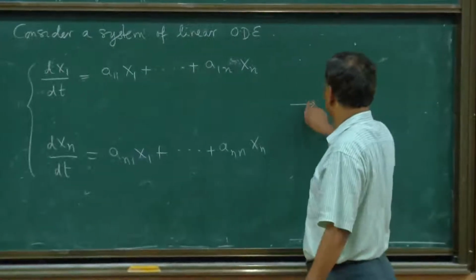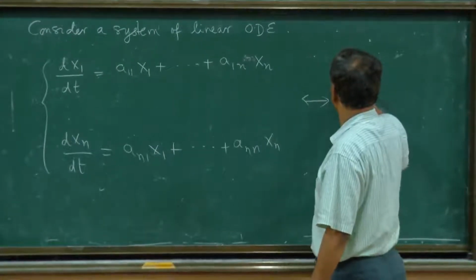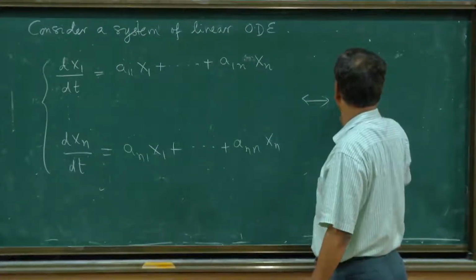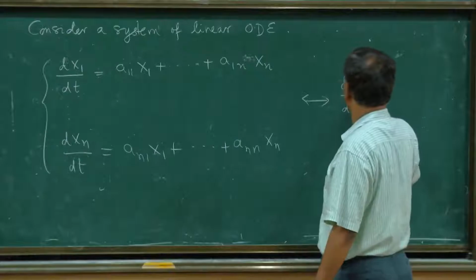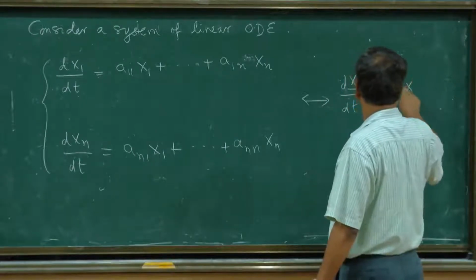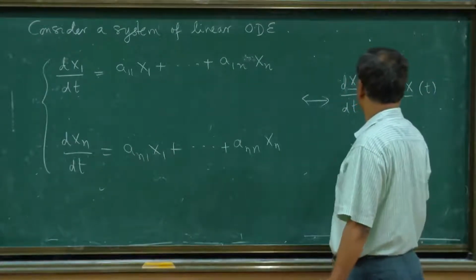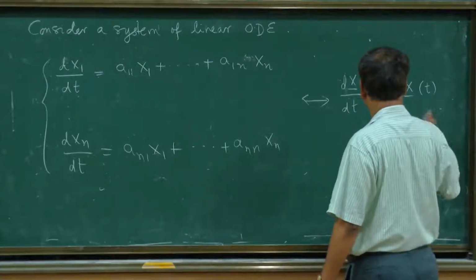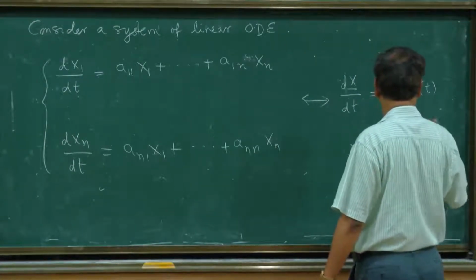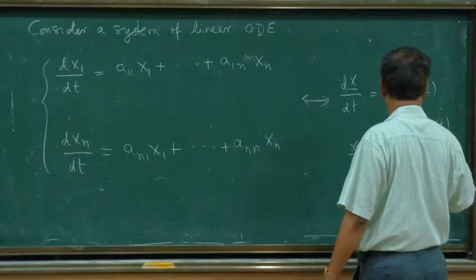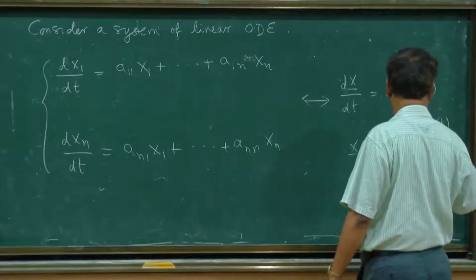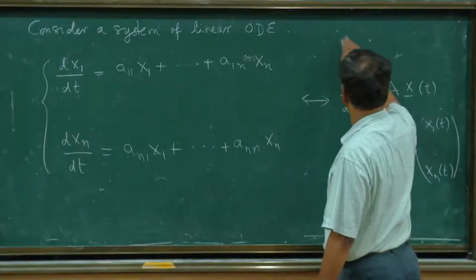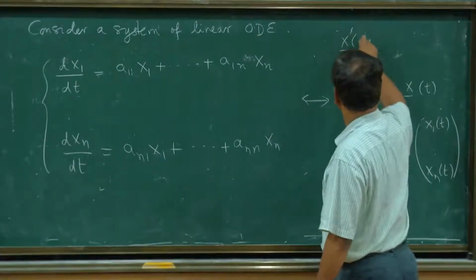First of all, you can write this in matrix form. Let me write dx bar by dt equal to A times x bar of t, where x bar of t for me is the vector of functions x1(t) to xn(t). Sometimes I also write this as x dash.